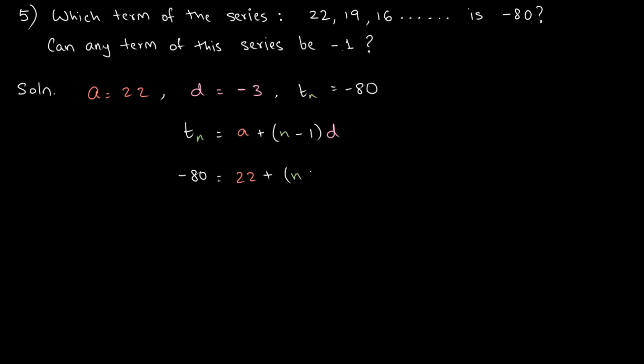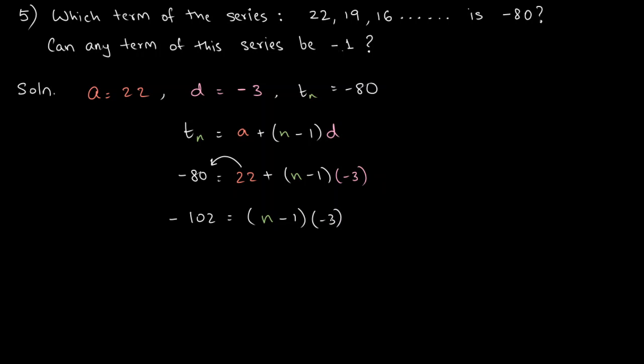So I know the position of the term negative 80. So n minus 1 into d, I know d is negative 3. So let's solve this equation and find the value of n real quick. Take the 22 from one side to the other. So minus 80 minus 22 will make it minus 102, which is equal to n minus 1 into minus 3.